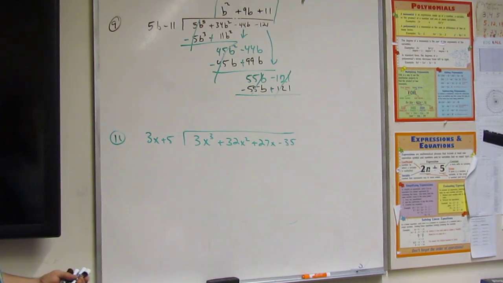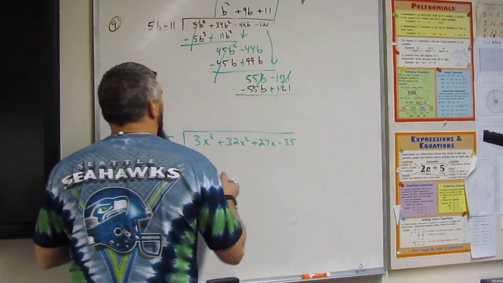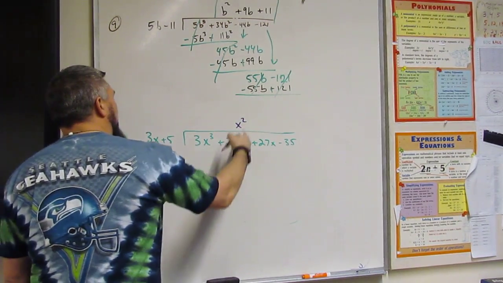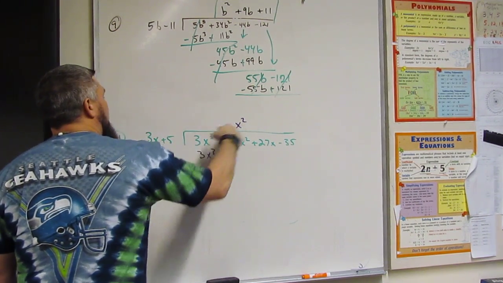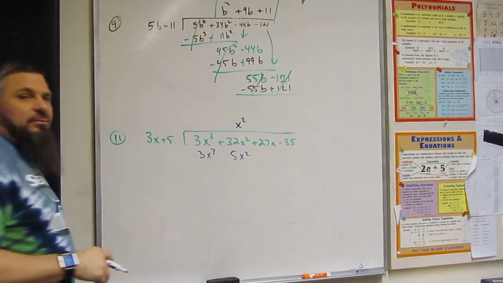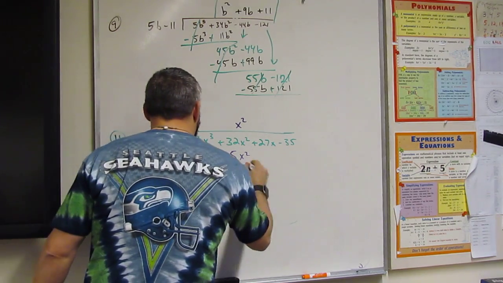Okay, next, number 11, same thing. What times 3 is 3? 1. And what times x is x cubed? X squared. So I put it in the x squared column. X squared times 3x is 3x cubed. X squared times 5 is 5x squared. I draw the line and I change the signs.